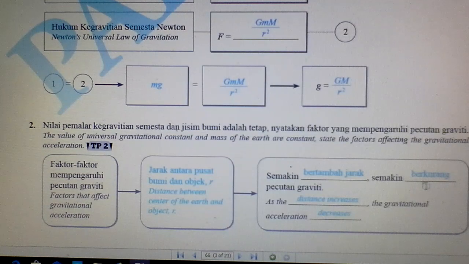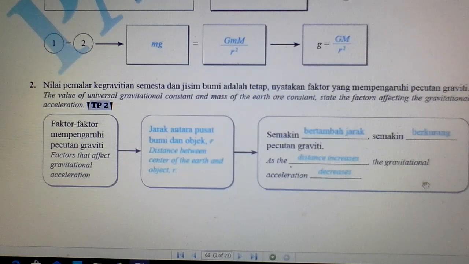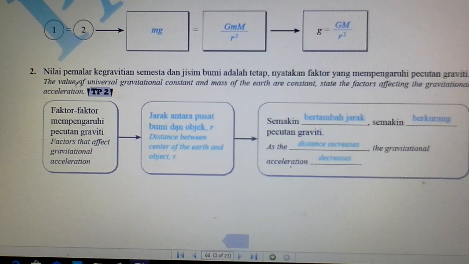Okay, now look at number 2. The value of the universal gravitational constant and the mass of the Earth are constant; state the factors affecting gravitational acceleration. From the formula, we can see the values of G and M are constant, meaning gravitational acceleration just depends on r.